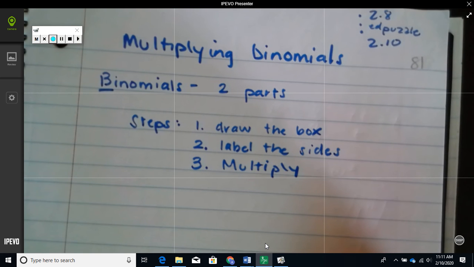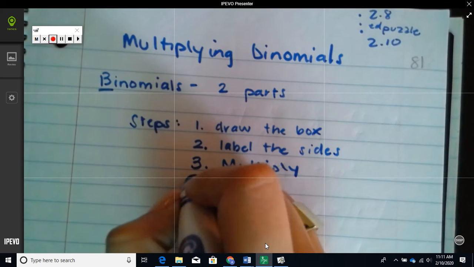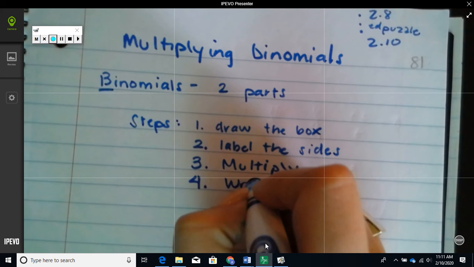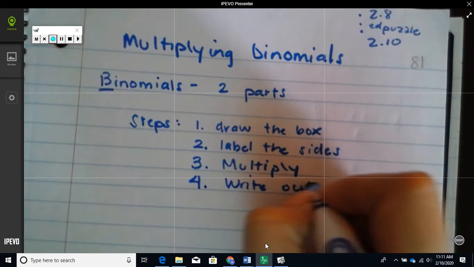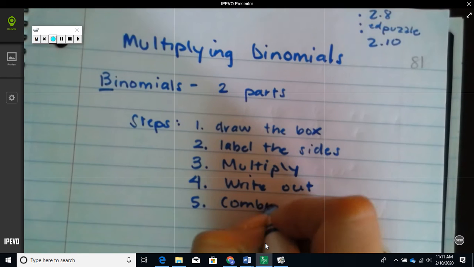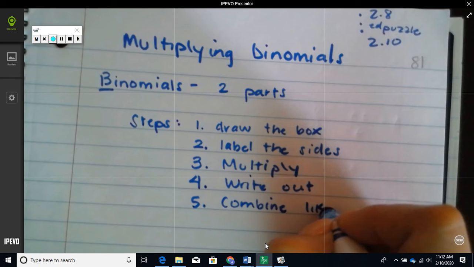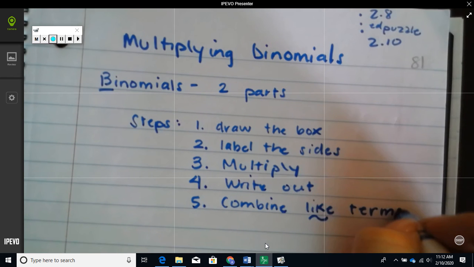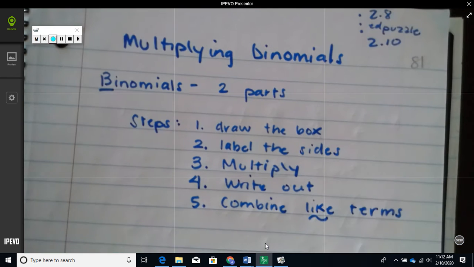We're not adding at this point. To get the things inside the box, it's multiplying. After we multiply, we're going to write it out. After we write it out, we're going to combine like terms.